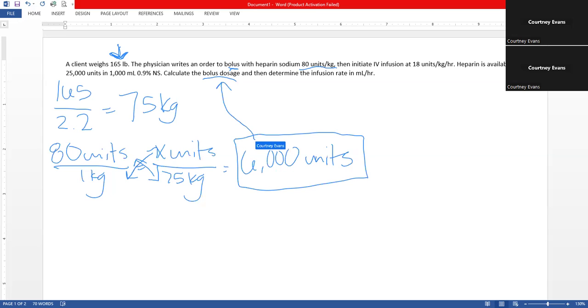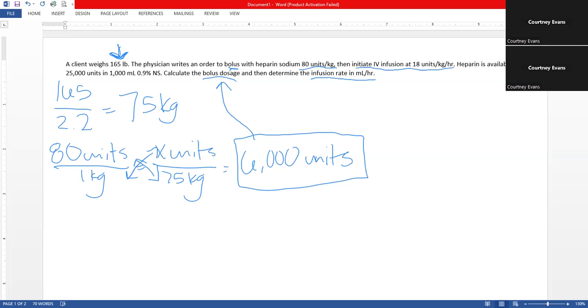bolus dosage. All right, next we need to find the infusion rate in mL per hour. All right, so the problem says, then initiate IV infusion at 18 units per kilogram per hour.